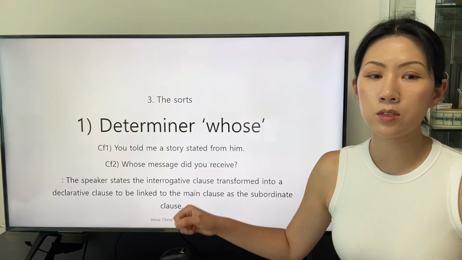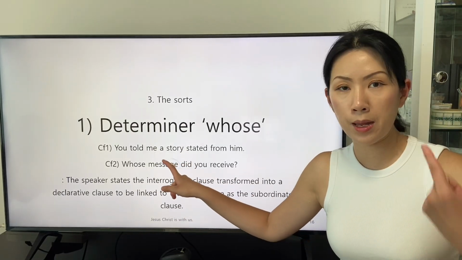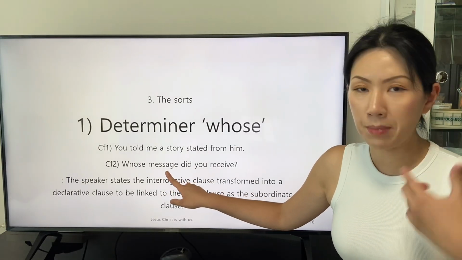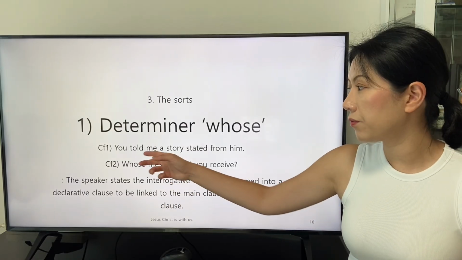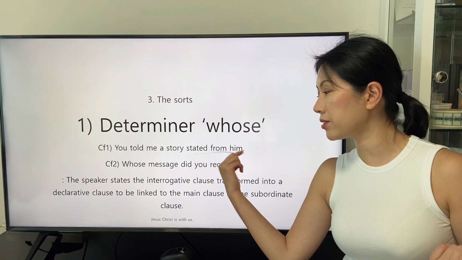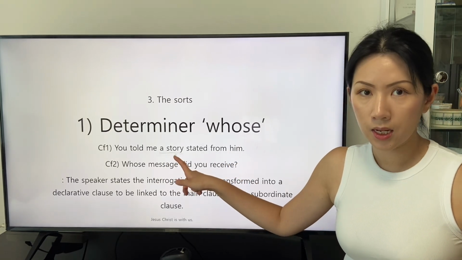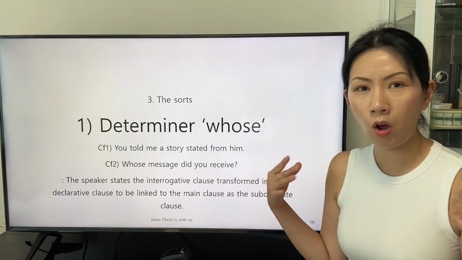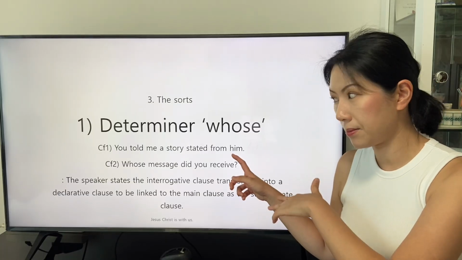The speaker figures out that a story indicates the same object as the object message in the second sentence, and by the description in this phrase, a story started from him, we can find that the story belongs to an unstated subject indicated by the personal pronoun him.